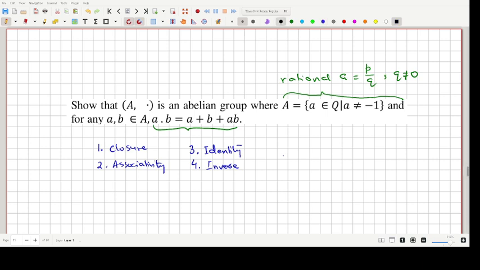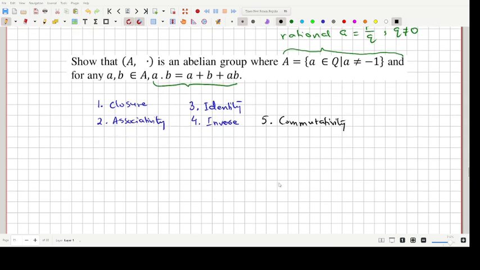However, we need to go a step further and we should prove that this group actually is indeed an abelian group by showing commutativity, right? Okay, so without much ado, let's dive into this problem and try to solve it.